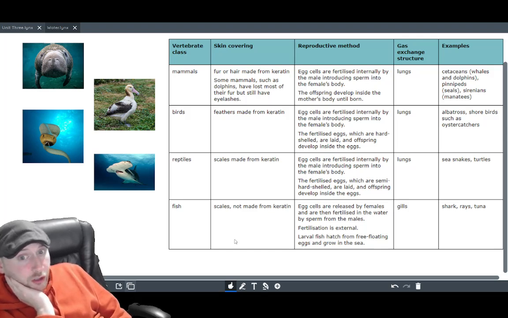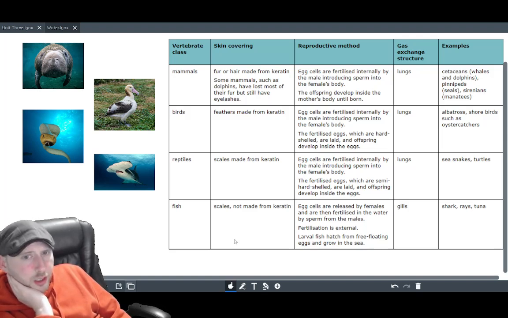We then have our fish. So with fish, egg cells are released by females, and then they are fertilized in the water by sperm from the males. So suddenly we've gone from internal fertilization to external fertilization. You don't see manatees going around dropping loads of egg cells that are then fertilized by a passing male.